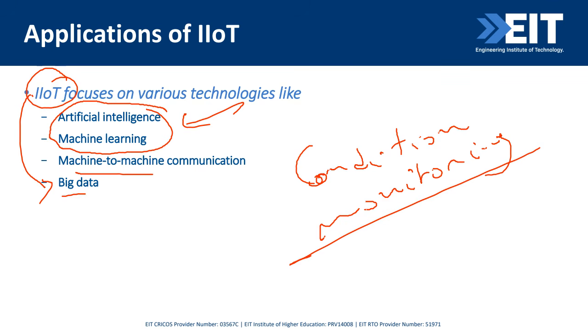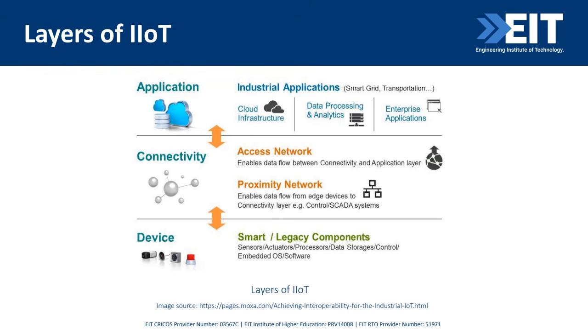Now, in IIoT, the layers are kind of similar to IoT. We have the field level, we have the application level, and in between, the connectivity. The field level, same thing. You have sensors, you have actuators, and you have those devices with an embedded computer in them that are taking the measurements from the field or acting on the field.